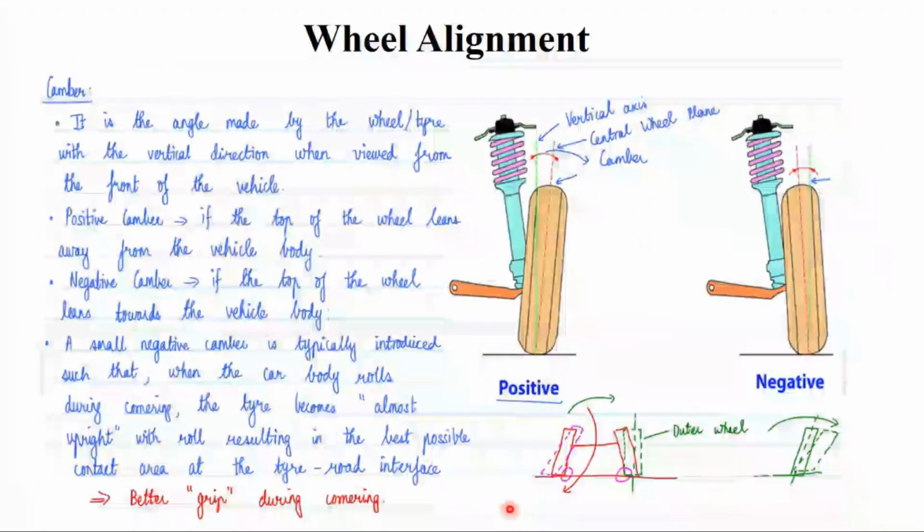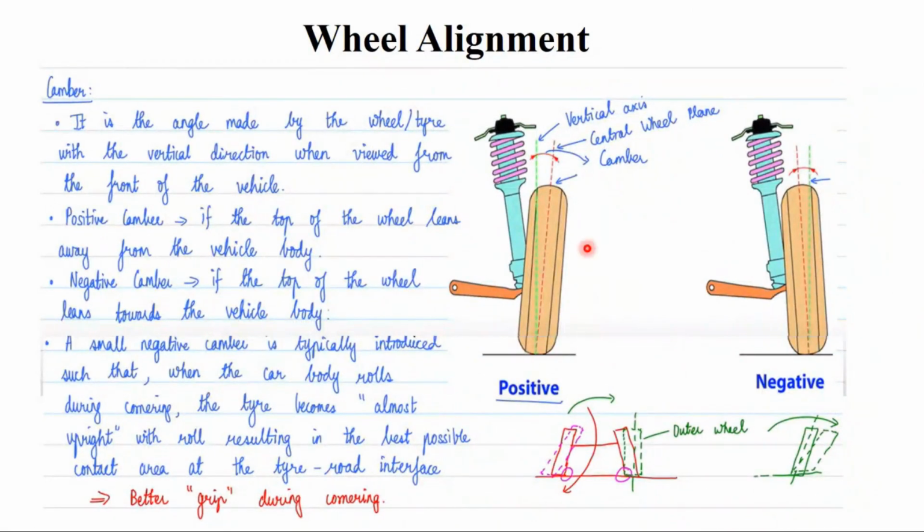See, I'm going to view the vehicle from the front. You see it is the vertical axis. This is the center wheel plane. Okay, the angle made by the wheel, the tire, with a vertical axis when viewed from the front of the vehicle.